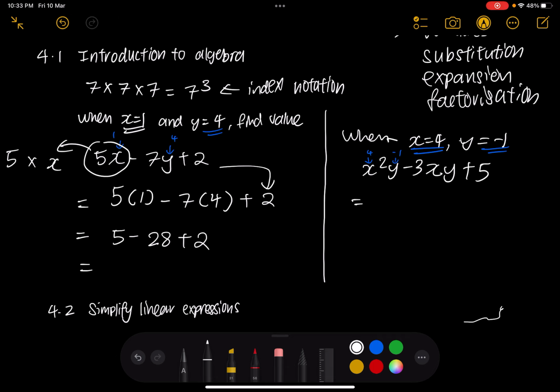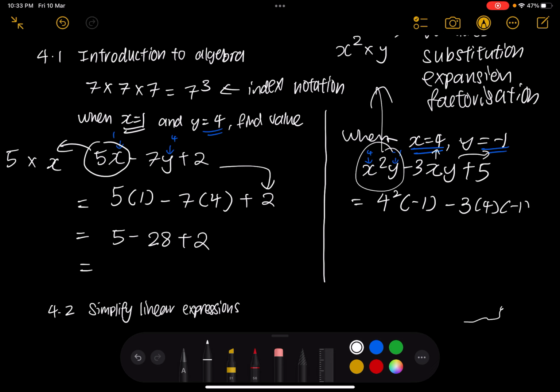Now my x is 4, so it's 4 squared, correct? Then my y is minus 1, so this is basically times minus 1, because over here it means x squared times y. Now minus 3, what's my x? My x is 4. My y is what? Minus 1 plus 5. Now you can simplify it. Press your calculator and all.